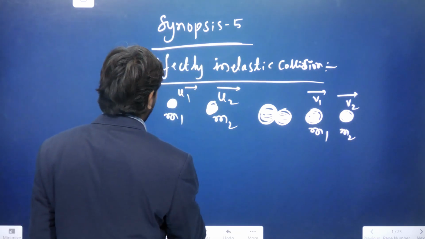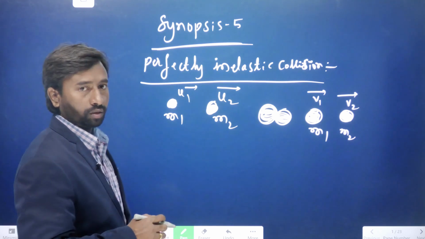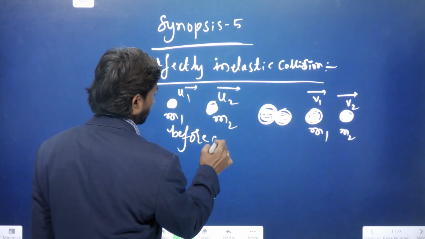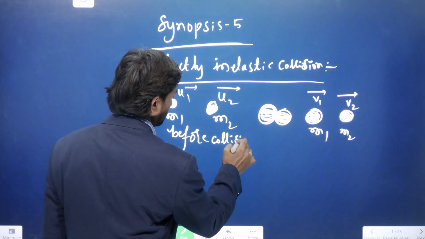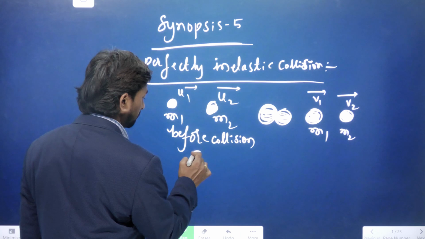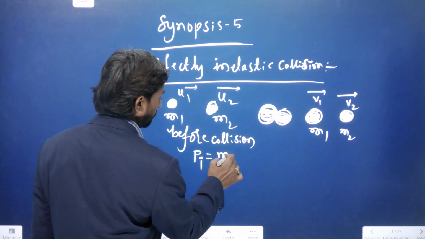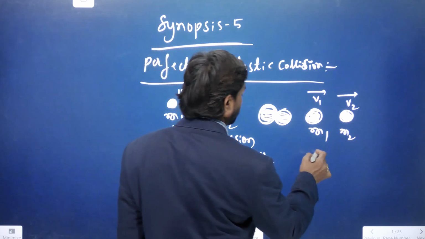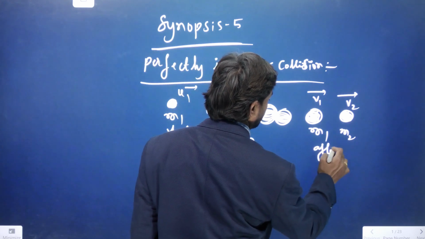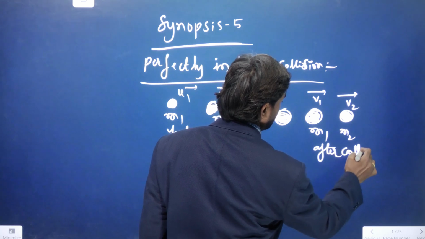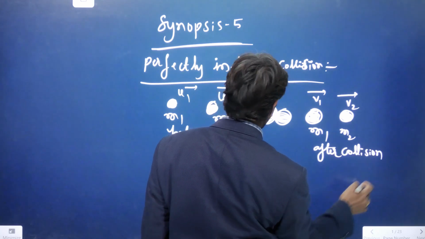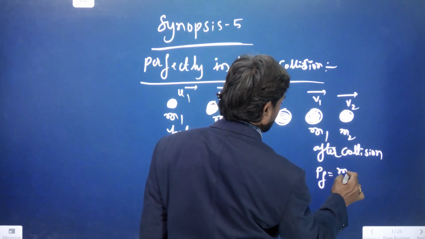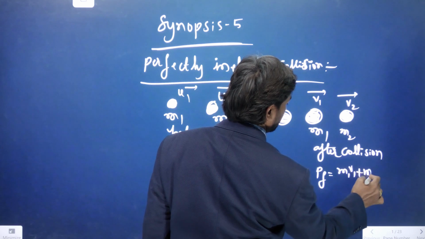Here the total linear momentum will be constant. Before collision, the initial linear momentum is P initial equals m1 u1 plus m2 u2. After the collision, the final linear momentum is m1 v1 plus m2 v2.